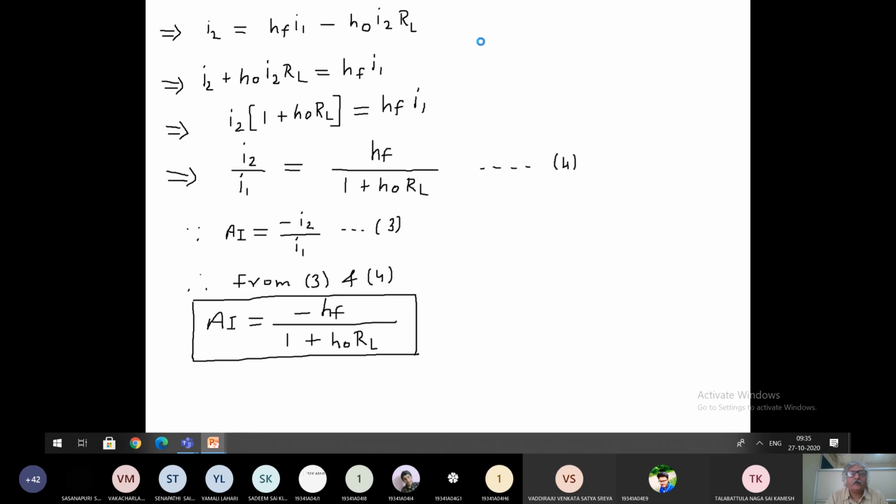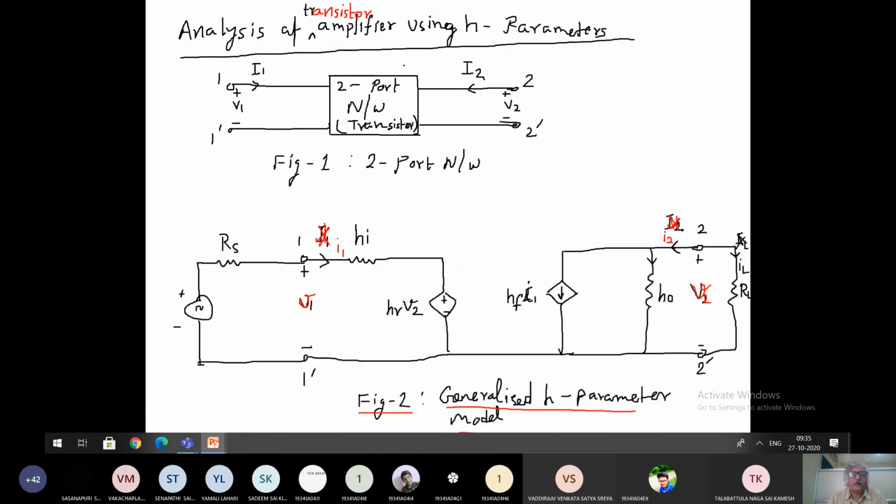Right? So if we see this figure, input resistance means, see here, this place. We are standing here and we are finding the input resistance like this. Input resistance means we are standing here, right? And we are looking inside the circuit, two-port network.